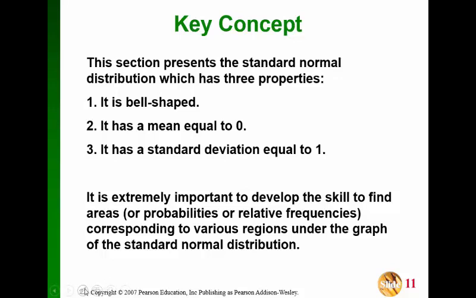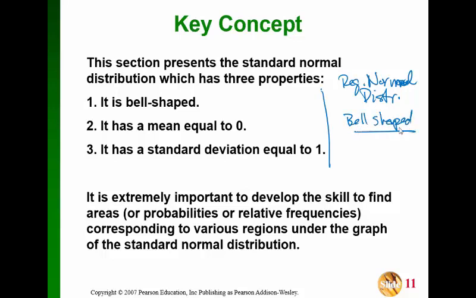Now, for a regular normal distribution, it's still going to be bell-shaped, but the mean is not necessarily going to equal 0, and the standard deviation is not necessarily going to equal 1.